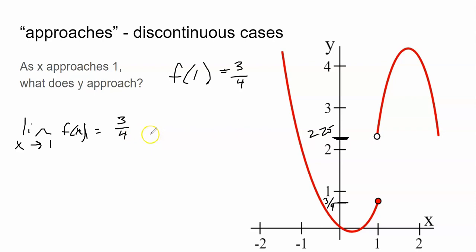Well, we are approaching 1 from a direction down here. It's from the left, right? So from the left, we are coming up to this value 3/4 at x equals 1. So, in order to note that in our notation, we need to use this minus sign to indicate that this is from the left.